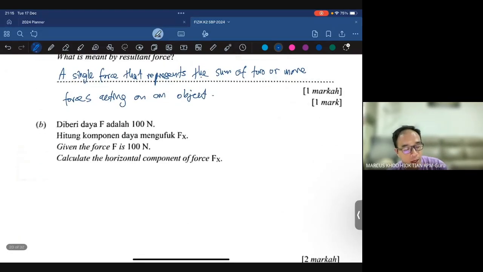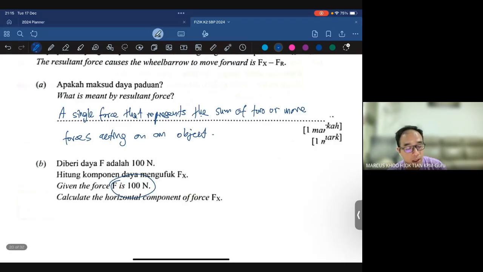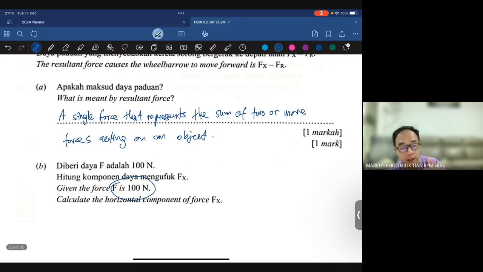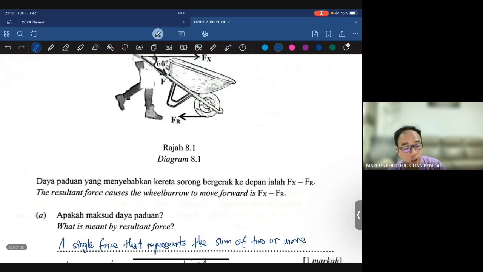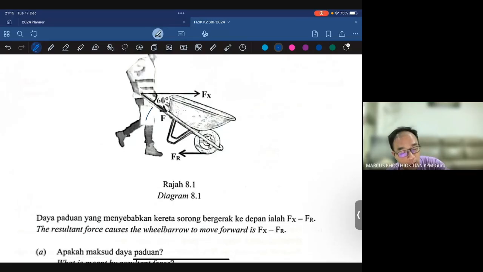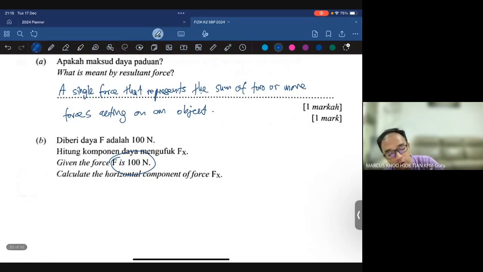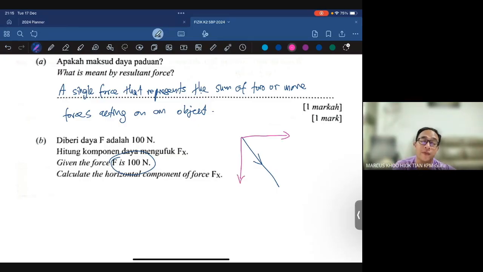Given the force F is 100 newtons, calculate the horizontal component. So in your diagram, this is 100 and this is the horizontal component. Let me draw this for you. For a slanted force, any slanted force can be resolved into two components, one horizontal component and one vertical component.